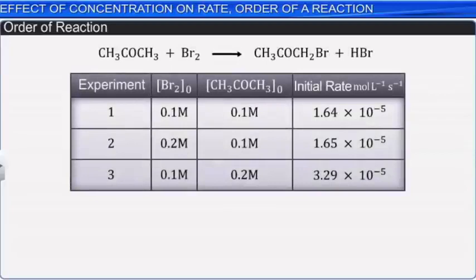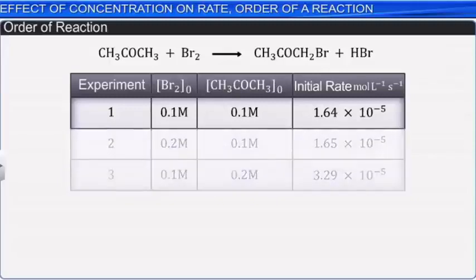Let us write the rate equations for all the three experiments. For experiment 1, rate 1 is equal to K multiplied by 0.1 to the power Y multiplied by 0.1 to the power X. Let this be equation 1.